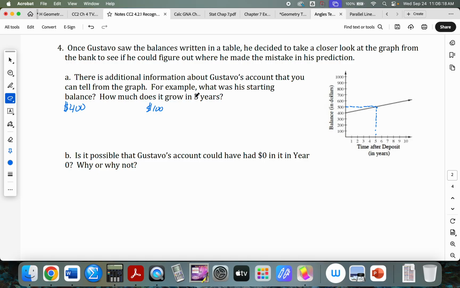Is it possible that Gustavo's account could have had $0 in it in year 0? Well, if you put $0 in a bank account, are they going to pay you for having an empty bank account? No. They would have no percentage. Yeah, an empty bank account won't earn any interest.